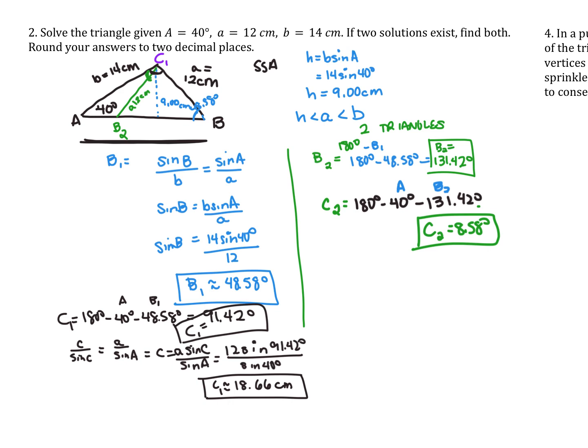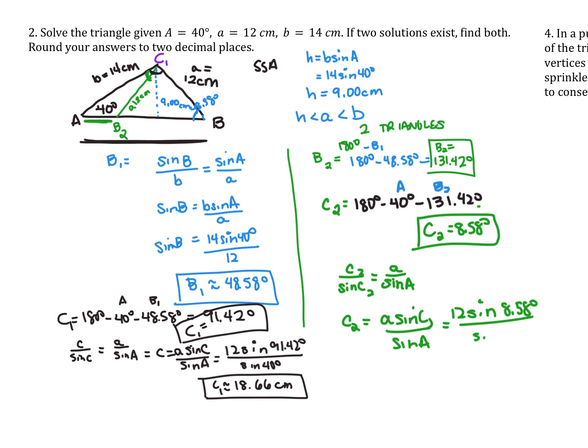And now we need to solve for side C2. So C2 is this side of the triangle. So we're going to use the same ratio for the law of sines. C over sine of C equals A over sine of A. And this will solve for our side C2. C sub 2 equals A sine of C2 over sine of A. So A is 12 sine of 8.58 degrees over sine of 40 degrees.